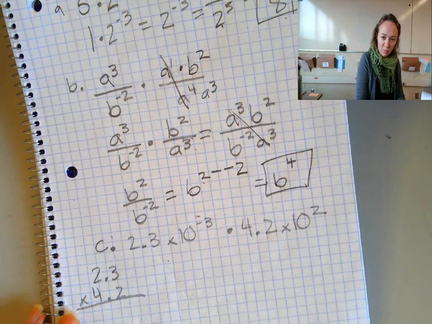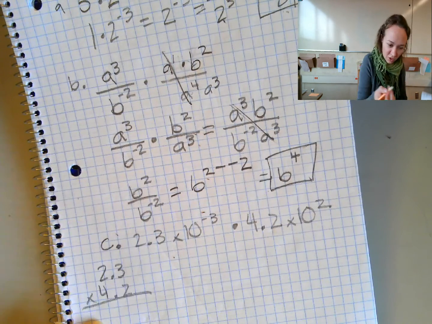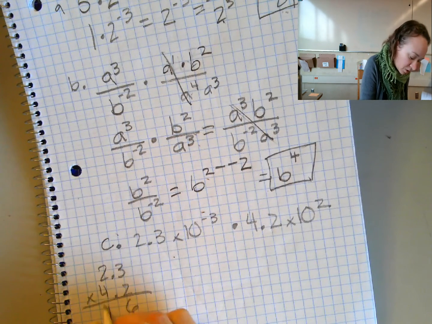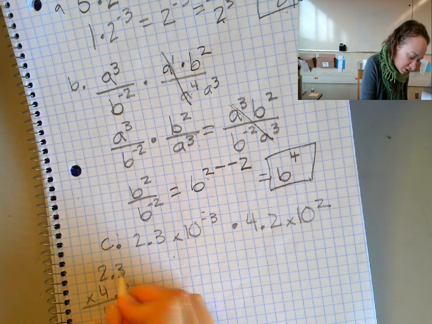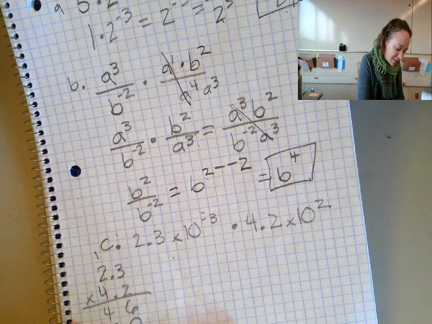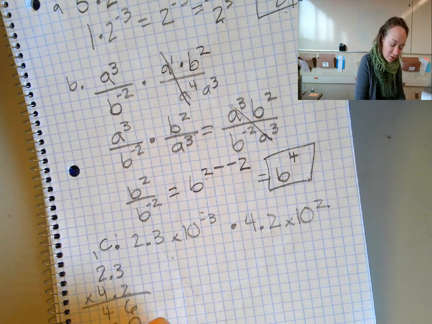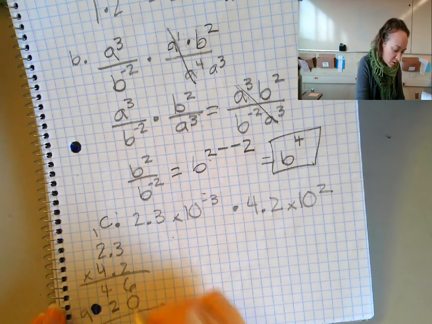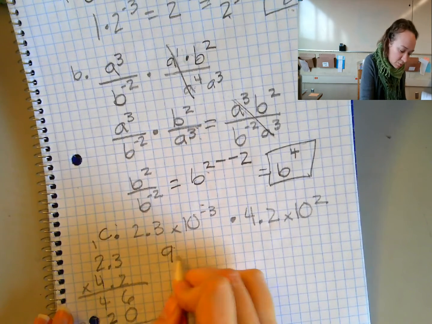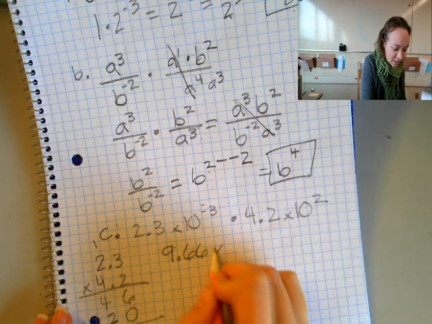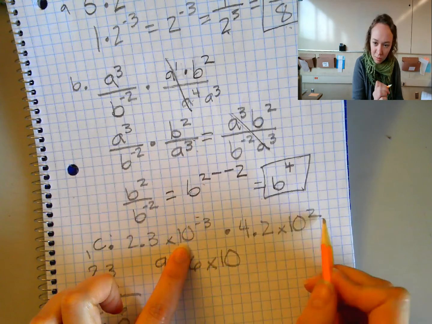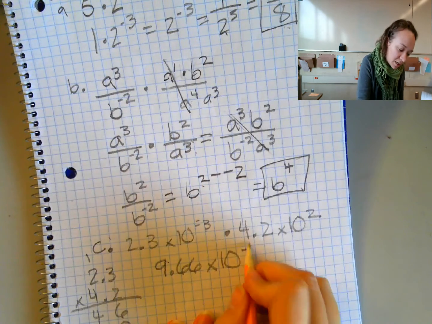And even though I know a lot of you probably used a calculator for that, I'll do it out just for fun. 2 times 3 gives us 6, 2 times 2 gives us 4, put in a placeholder 0, 4 times 3 is 12, put in a 2, carry a 1, 4 times 2 is 8, plus 1 is 9, put it over there, and then we add those together, 6, 6, 9. So that gives me 9.66 times 10 to the, and then since we're multiplying I get to add those exponents, negative 3 plus 2 gives me negative 1.